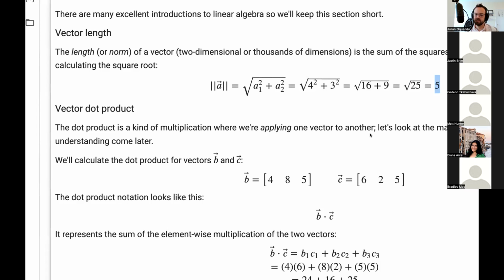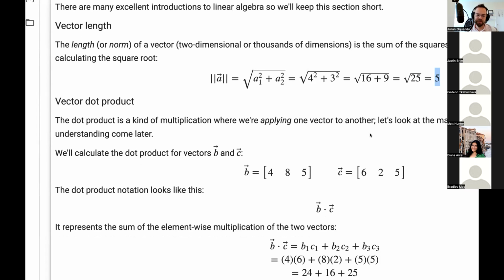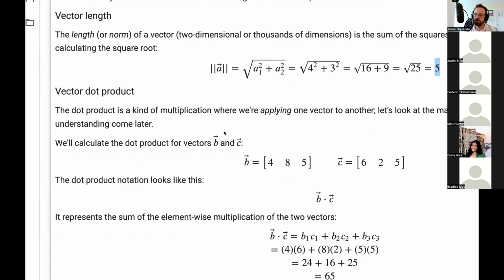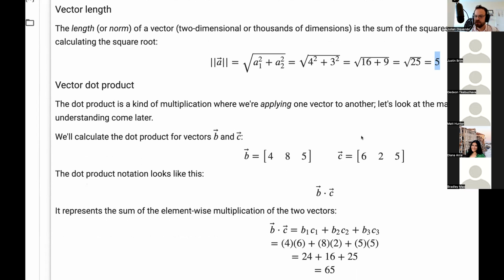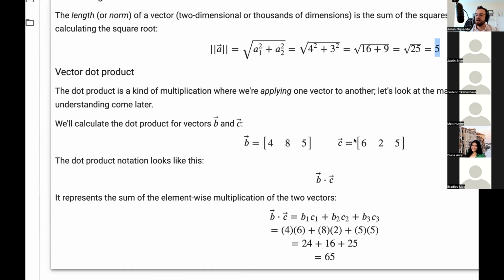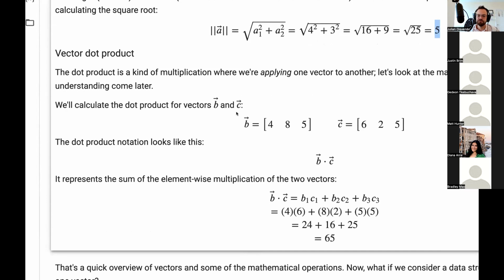With a vector dot product, we do something a little bit different, because the rules of multiplication are a little bit different. It's not as straightforward as multiplying the values from one to the other. We're essentially applying a set of changes from one vector to another. So one type of multiplication in calculating one vector to another refers to applying the value of one vector to another, and that is referred to as calculating the dot product of two vectors.